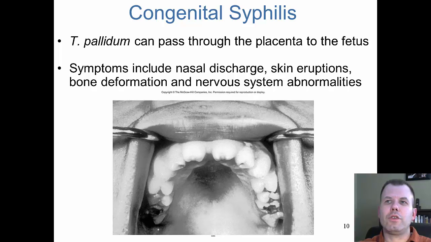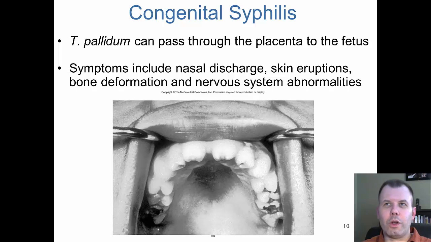Here you can see the tooth abnormalities due to the syphilis. This kid was a congenital case where the syphilis was passed from the mom to the child, and you can see that it misshaped these teeth. This is obviously a serious consequence, and this is one of the ramifications of congenital syphilis.